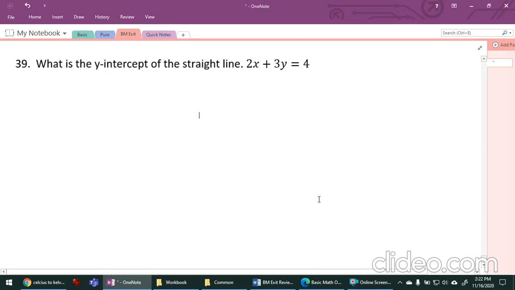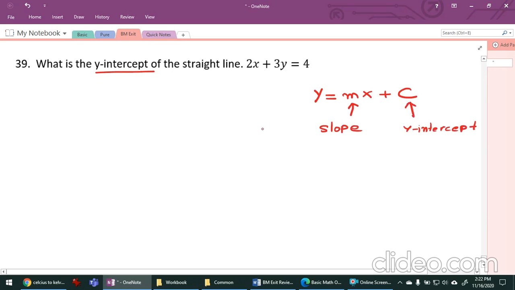Question number 39 is, what is the y-intercept of the straight line 2x plus 3y equal to 4? See, look here. If I write the equation of a line like this, y equal to mx plus c, then m is called the slope and c is called the y-intercept.